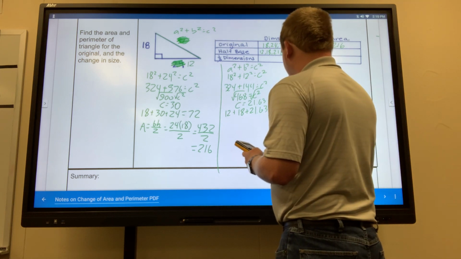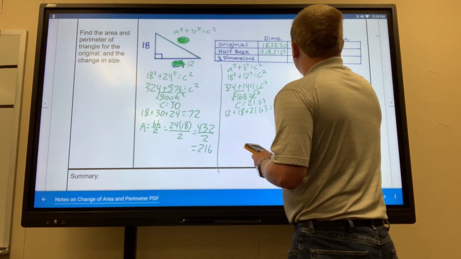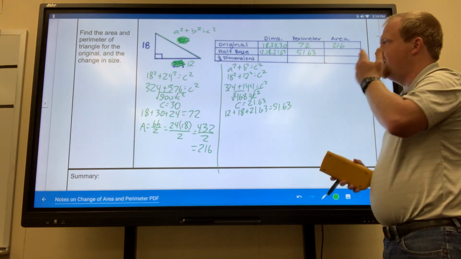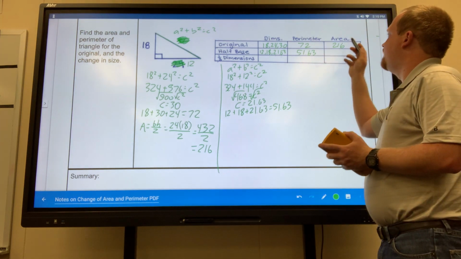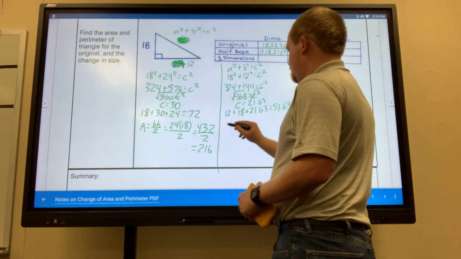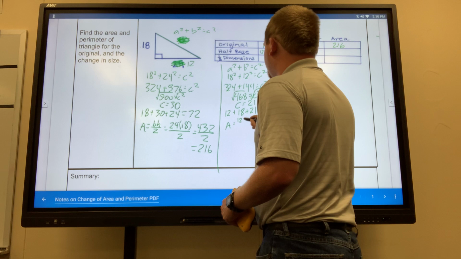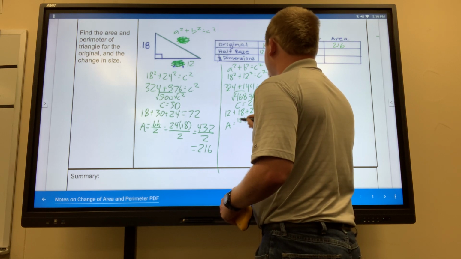That gives me 51.63. Now, if I want to find the area, remember, it's base times height. So the base is 12, the height is 18. I've got to divide that by 2.